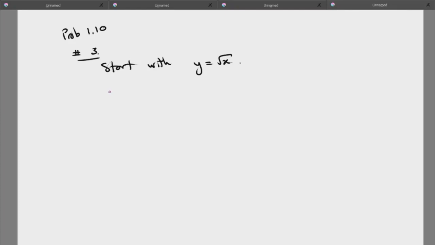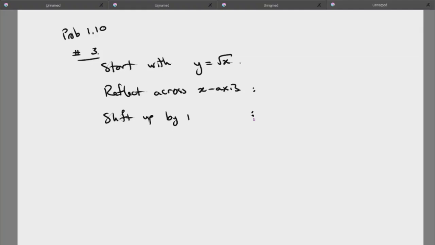Then they say I have to reflect it across the x-axis. Then I have to shift it up by 1 unit. I have to fill in the sequence of transformations giving me ultimately the end result.